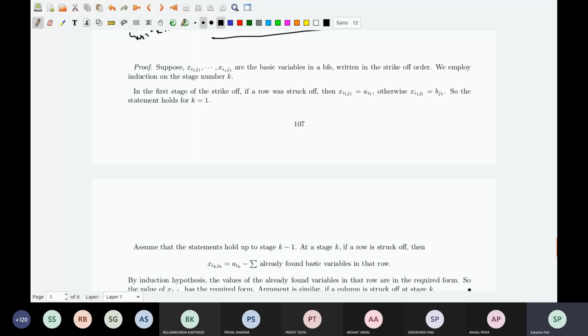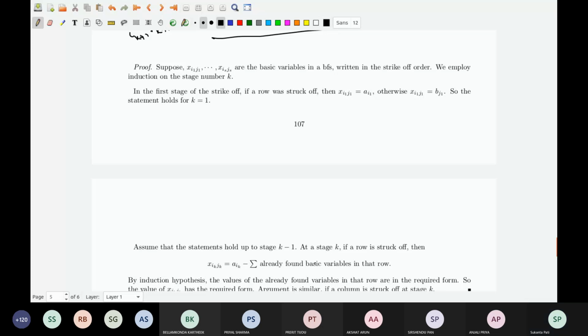So in that case, if all the ai and bj are given to be 1, then a basic feasible solution will have entries 0 or 1. It will have integers, it will be greater than or equal to 0, that part is clear. It cannot have more than 1, because if the value of a variable is bigger than 1, then in order that the constraint is satisfied, some other variable has to be negative.